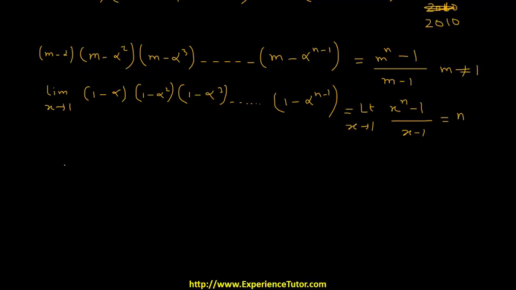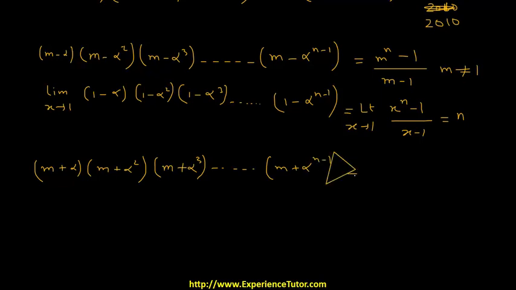Therefore, we can also write (m plus alpha)(m plus alpha square)(m plus alpha cube) and so on up to (m plus alpha to the power n minus 1).